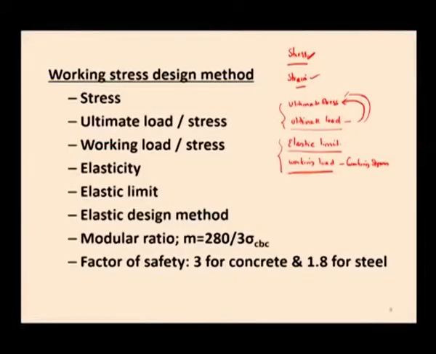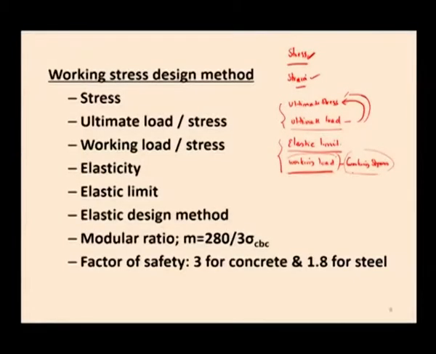The actual load is kept much less than the ultimate load, and it should always be well within the elastic limit. The maximum value of the load to which the material can actually be subjected is known as the working load, and the corresponding stress is called the working stress.